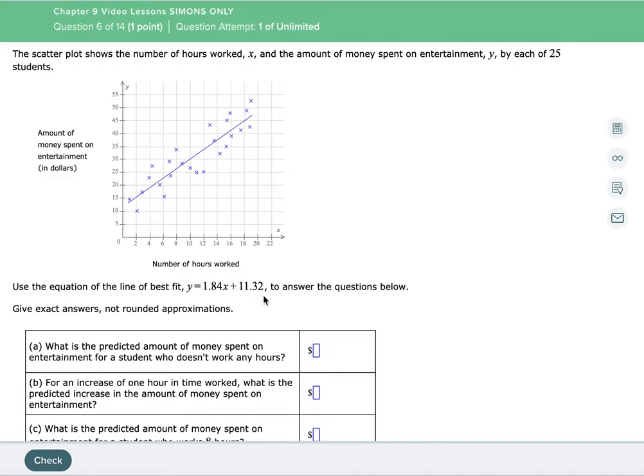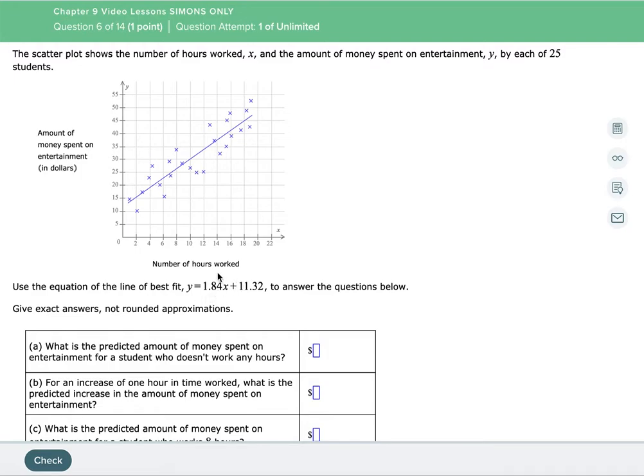This is a line that is in slope-intercept form. So your slope is 1.84, all right, that would be your slope, okay? And then this 11.32 is your y-intercept, right? That's what y equals mx plus b.